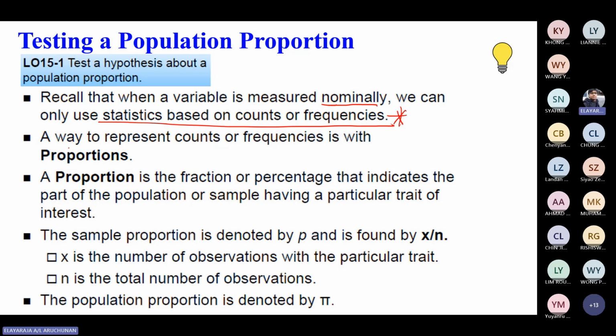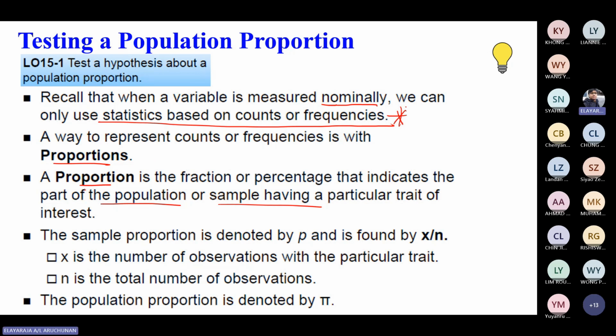A way of representing the count of frequency is what we call a proportion. The proportion is a fraction or percentage indicating the part of the population or sample having the particular trait of interest. So the proportion can represent the sample as well as the population.